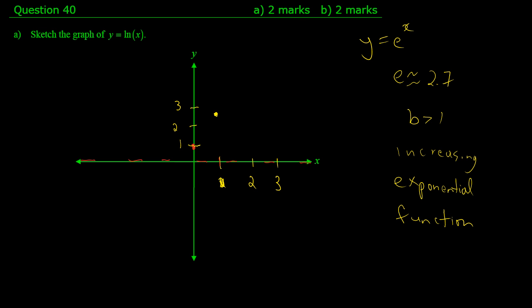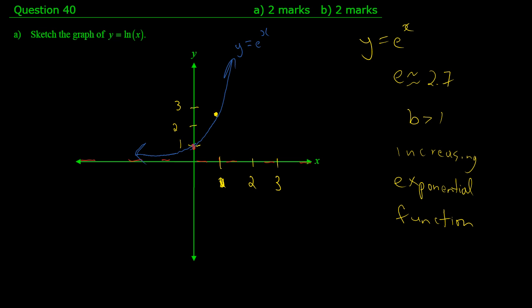So now I'm going to draw my curve. So my curve for e to the x, it is increasing, so it's close to the asymptote, and then it rises exponentially. Okay, so we should put the equation next to this. This is y equals e to the x.